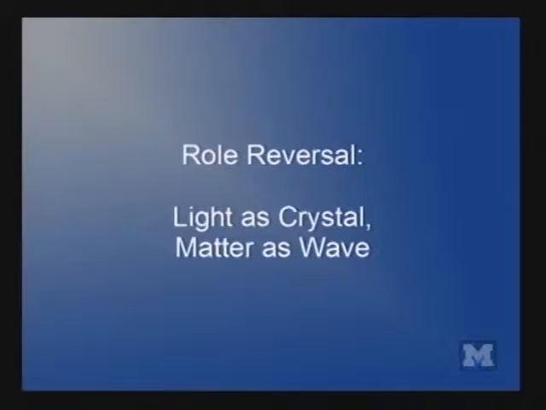So let's get to the last part of my talk. This is actually the part I like the best. The role reversal: light as crystal, matter as wave. So the title of my talk was Crystals Made of Light. And so far I've been talking to you about crystals made with light, using light to force particles to form crystals.